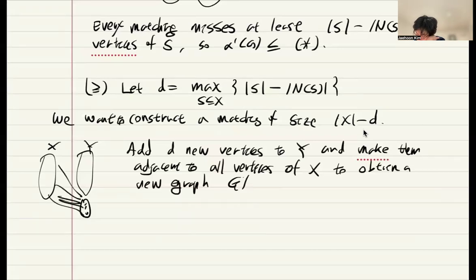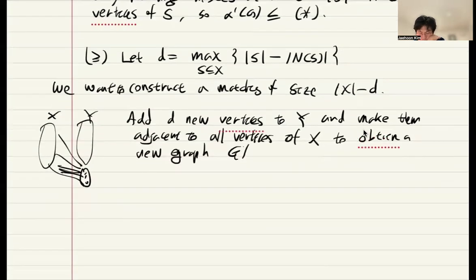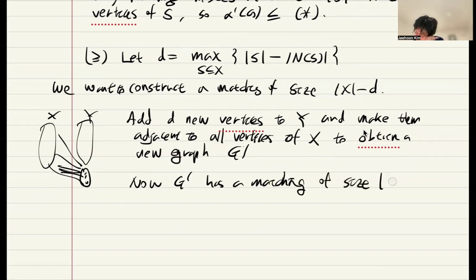So these are all adjacent. Now this G prime has a matching of size |X| by Hall's theorem.